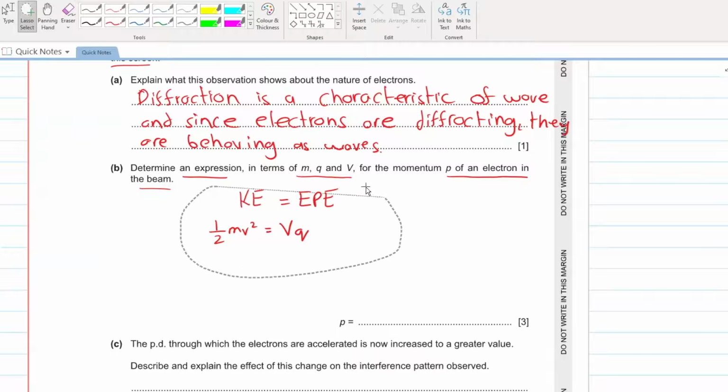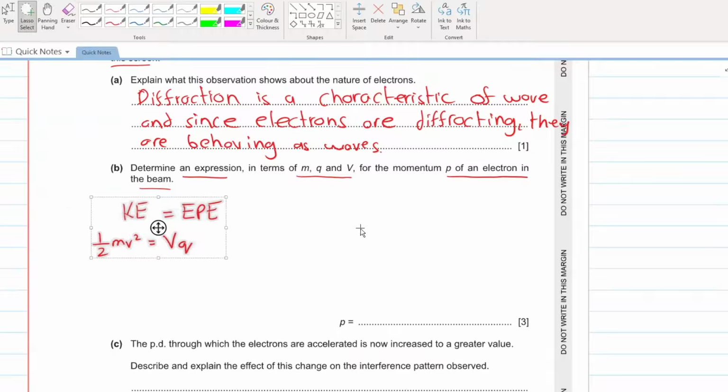Now here, beta, if you analyze, I have been discussing this trick since the first paper. Can you see you have no variable of velocity here? That means you have to somehow substitute velocity. You know momentum is equal to mv, so momentum divided by mass is equal to velocity.